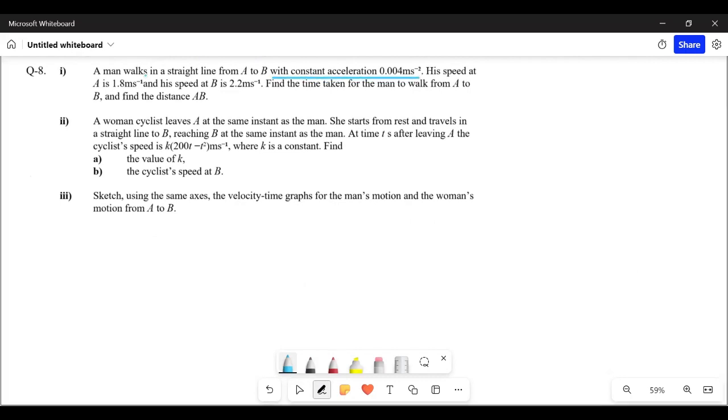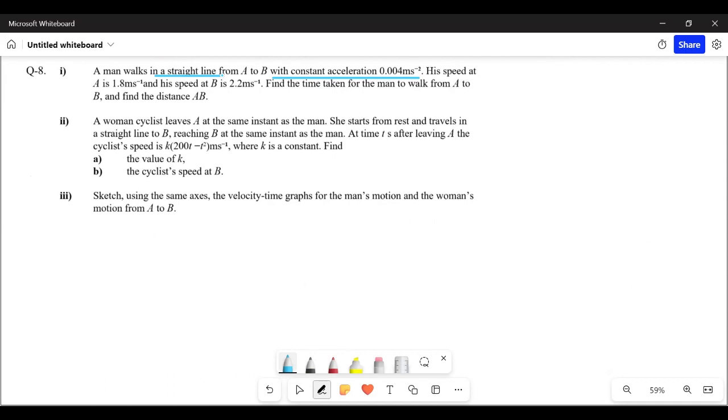Acceleration is constant and it is a straight line, so this will be solved using the equations of motion chapter. We can only apply the 5 equations of motion that we learned in the very first chapter when two conditions are satisfied: the motion is a straight line motion, it cannot be on a curved line, and the acceleration is constant. So this is, I'm pretty sure, a question on equations of motion. Let's see.